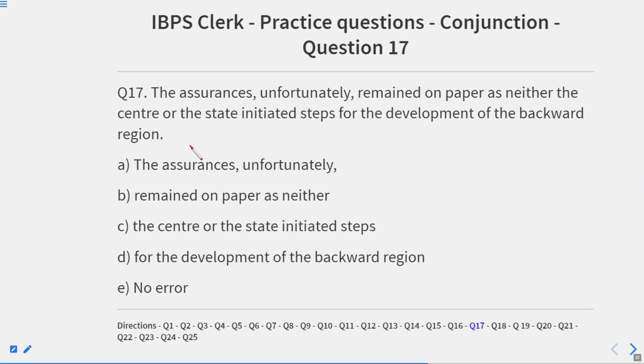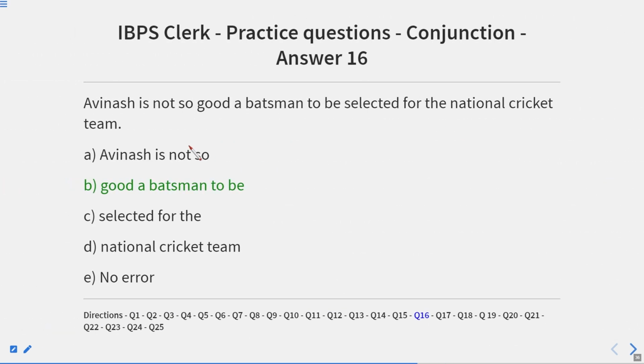So the error is in part B, where this to should be preceded by the word as, just to satisfy the structure of so and as. Now let us move to the next one.